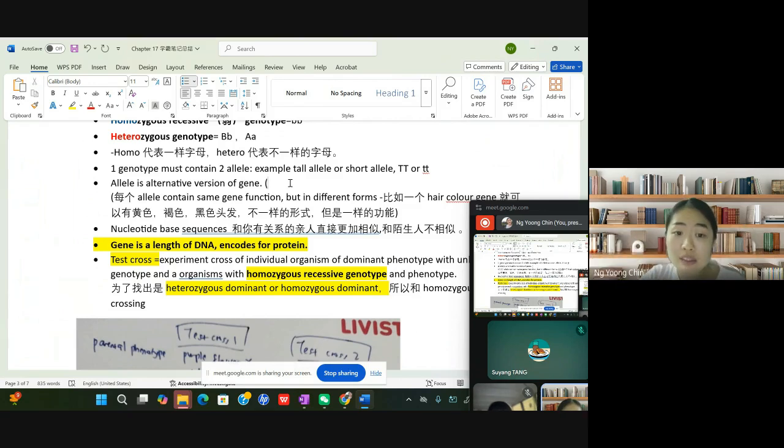Alternative versions of genes means that they carry the same gene function, but they express genes in different physical features.